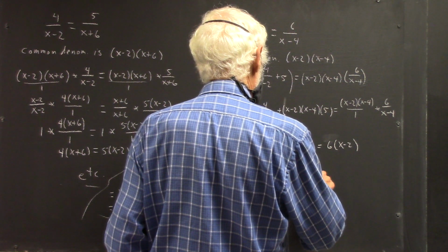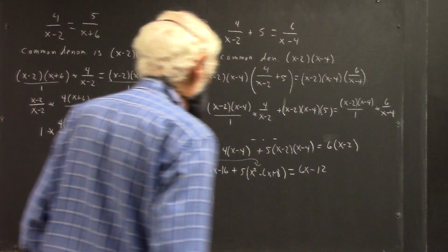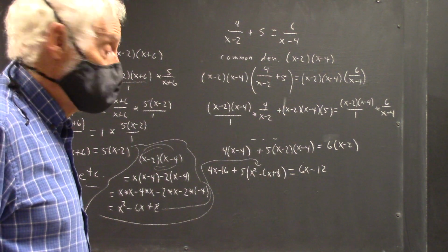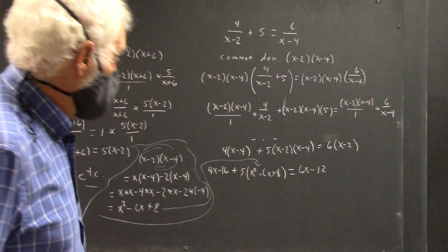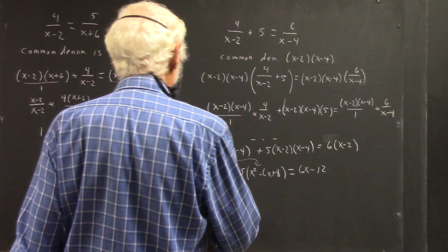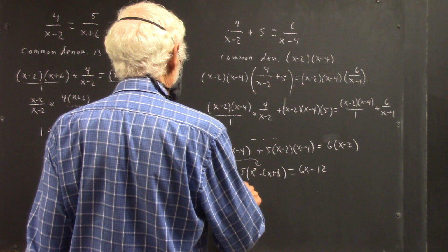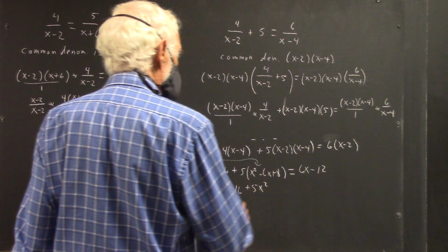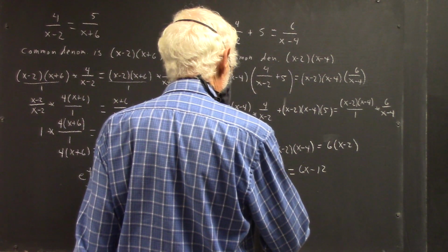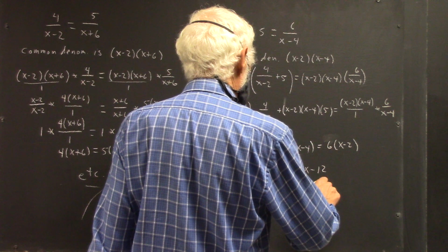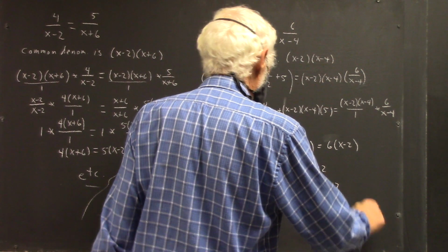Anyhow, we're going to get 6x minus 12 over here. Okay? Now we simplify, okay? So we've got 4x here. Well, let's go ahead and use the distributive law once more. 5 times x squared is 5x squared minus 30x plus 40 equals 6x minus 12.